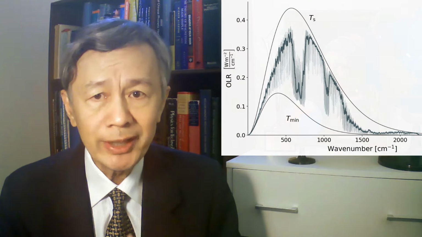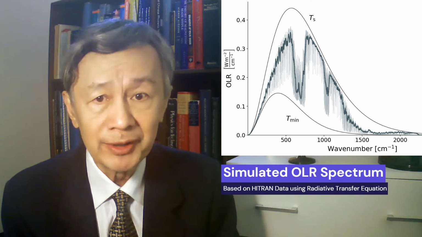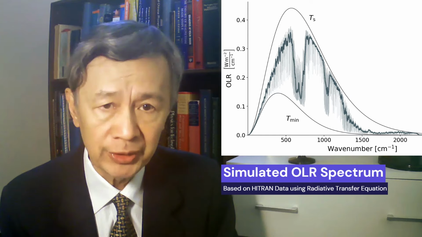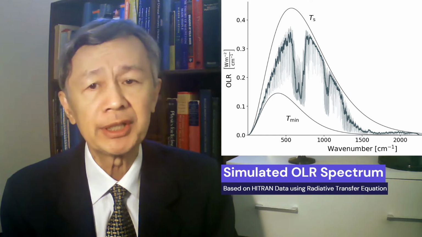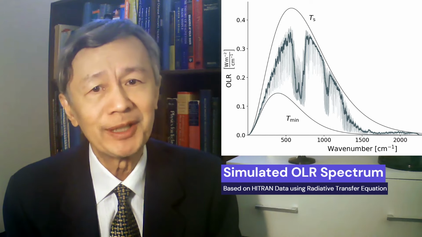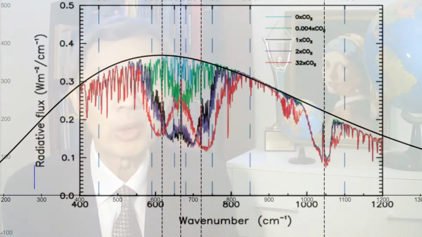Today, this iconic OLR spectra has been regarded as observational evidence for the anthropogenic CO2-caused global warming and used for instrumental calibration and as a gold standard for computer simulations. In 2013, this gold standard was applied by Zhong and Haig in their calculations, as shown in this diagram.